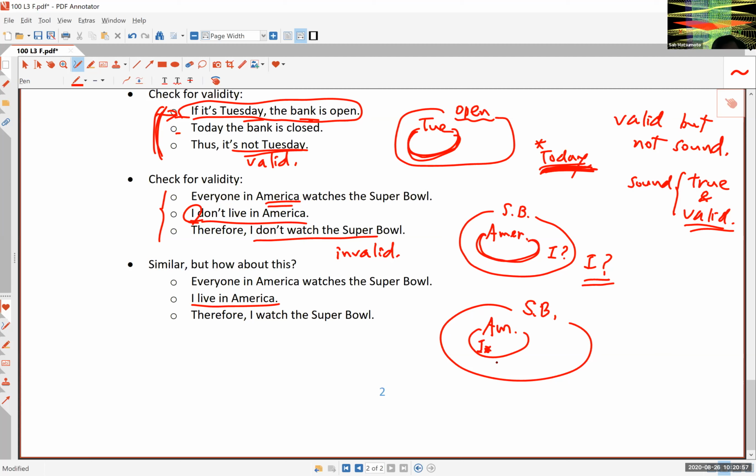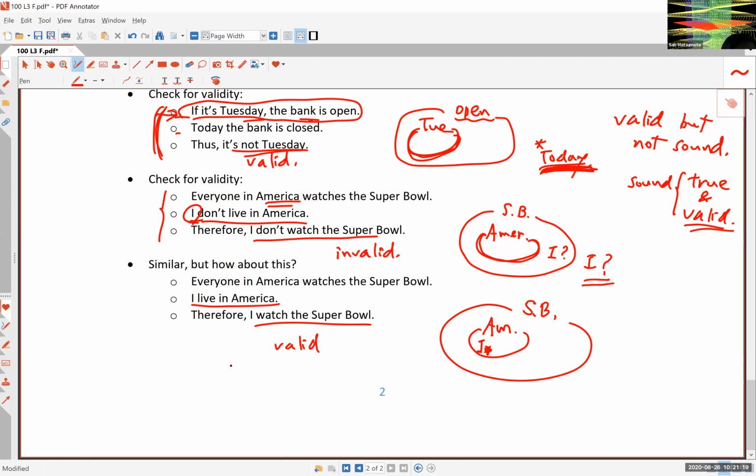Therefore, if you are inside of the inner circle, there's no way you can be outside of the outer circle, right? By virtue of being in the inner circle, you are in the outer circle. Therefore, I watch the Super Bowl. This happens to be a valid argument because if you're here, you cannot be outside of the outer circle. This is a valid argument.